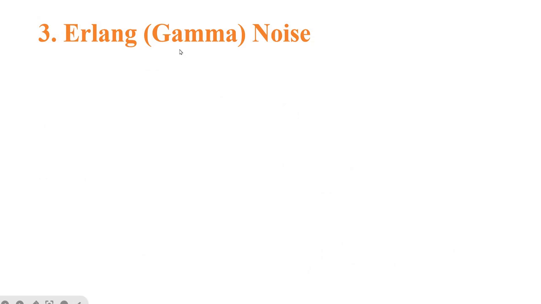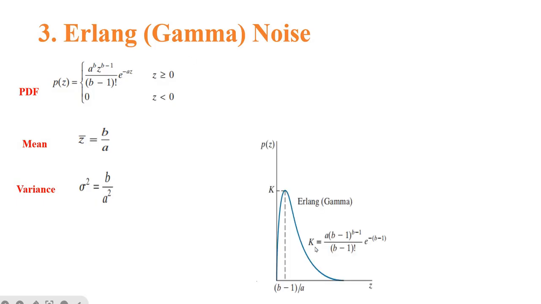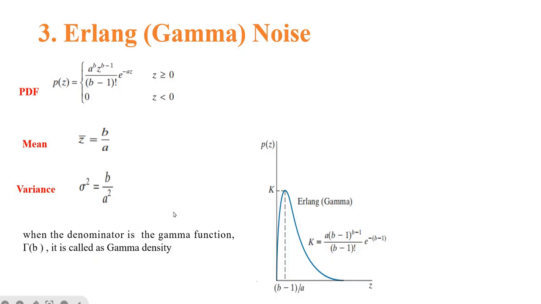Next, you have Erlang or gamma noise. This is the probability density function, and here this is the mean and this is the variance. Here a is greater than 0, that is, a positive integer, and this exclamation mark represents the factorial.